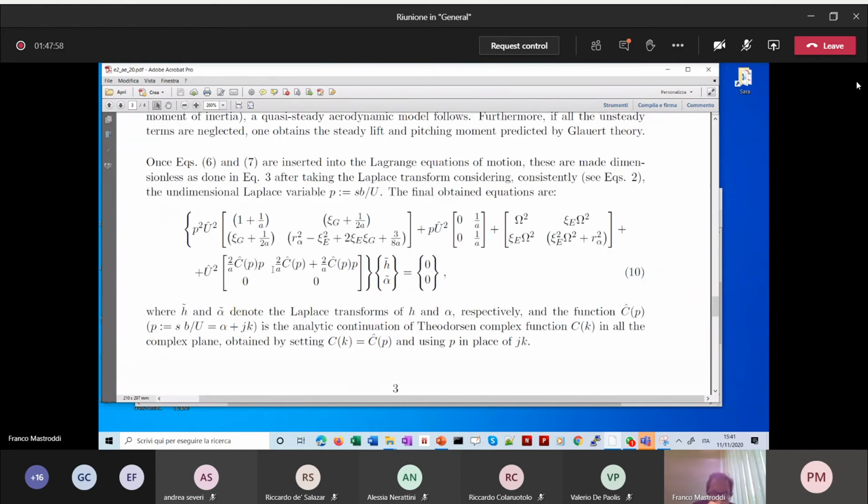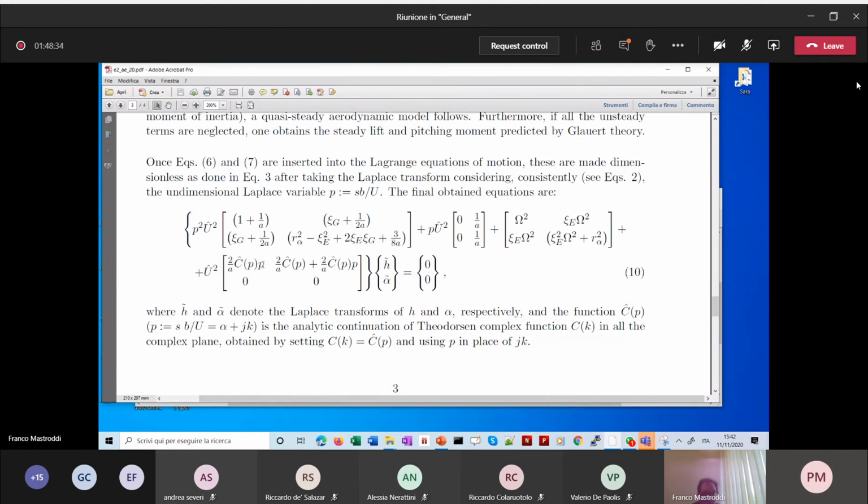But unfortunately, you have a part depending on P, which is not in a polynomial form. Because you have the Theodorsen function. How can we do? We could solve this pole problem by taking the determinant, not having a standard polynomial equation, but a transcendental equation.